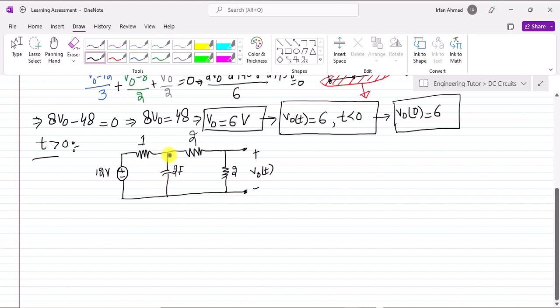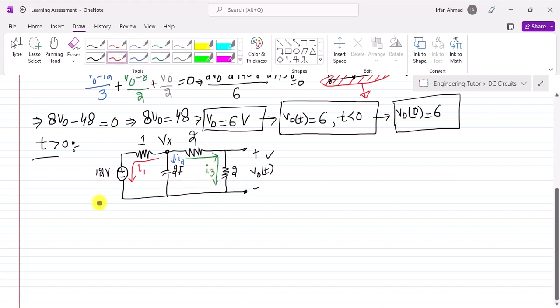Now let me look at it, and what we have to do is find the value of V naught of t. So let me write the value of the voltage here as Vx, and again applying the node voltage method here, let me assume the first current here as this one, let me call it I1, the second current will be here and that is I2, while the third current is here which is flowing through this and will come here, so that is I3.